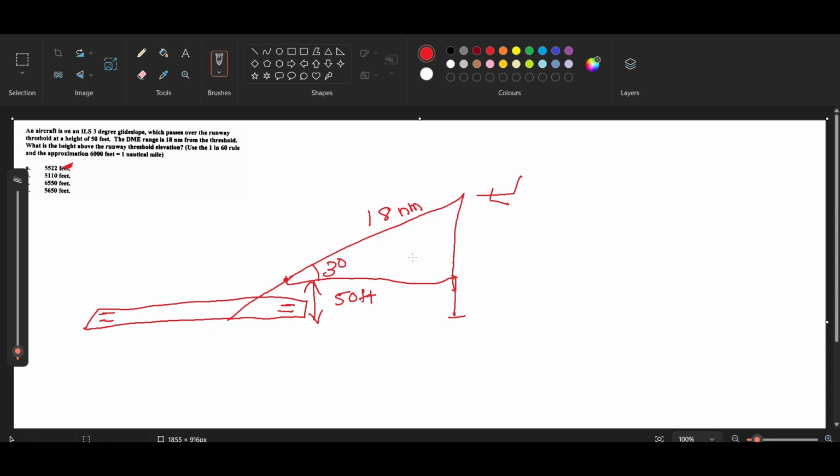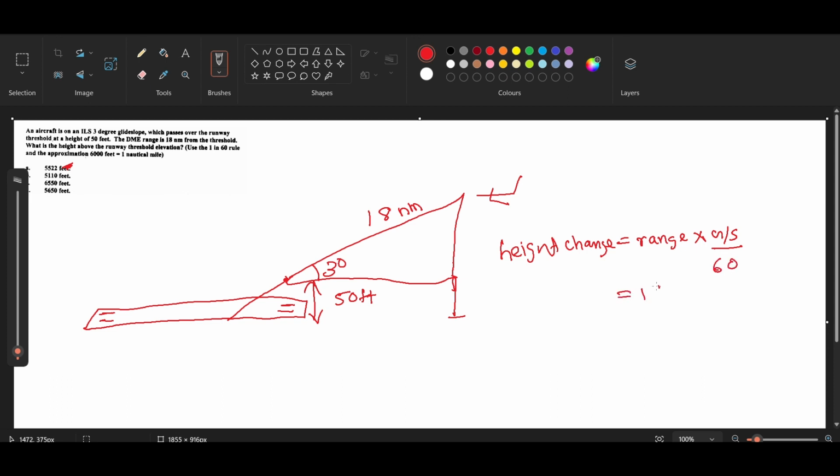As per the 1 in 60 rule, for any given range, the height change is equal to range into slope angle by 60. So I'll write it here. Height change is equal to range into glide slope or slope angle by 60.